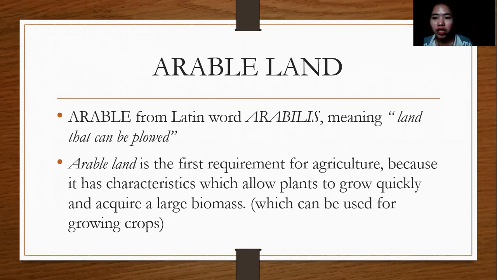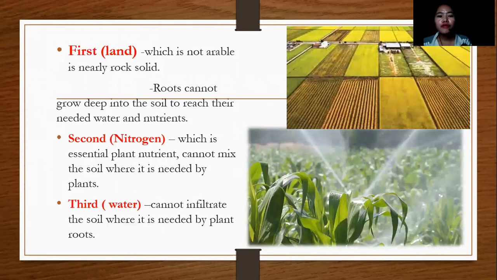So dapat sufficient ang tanan, naa dira tanan para mag-grow ang isa ka tanom. So first, land. A land must be arable, so pwede ka makatanom.